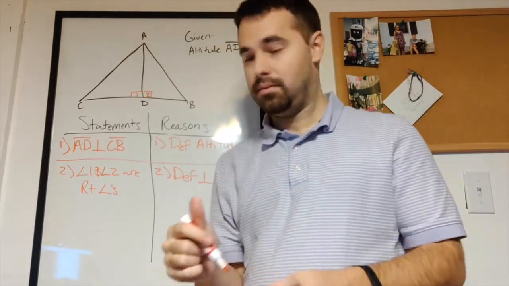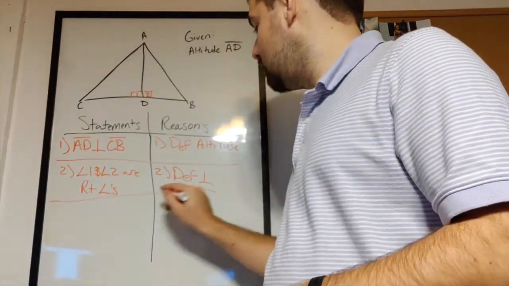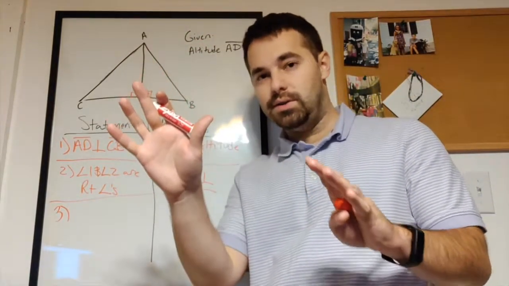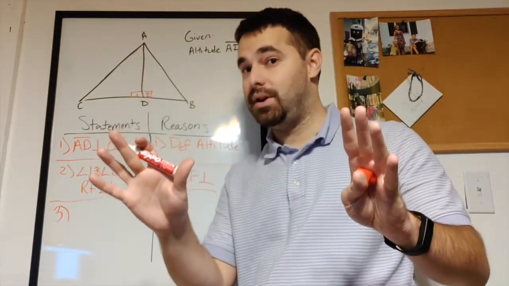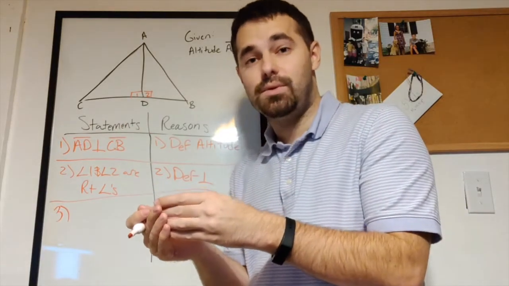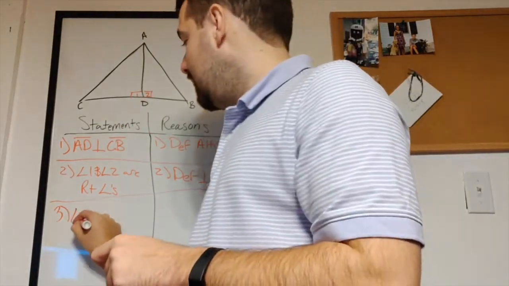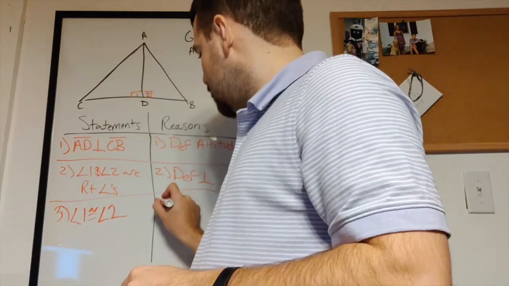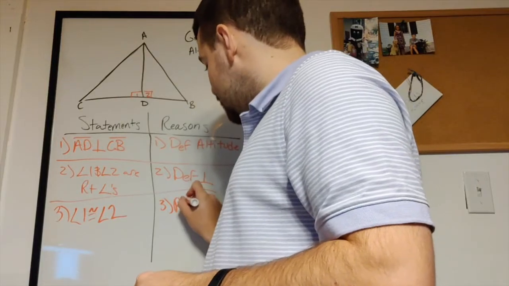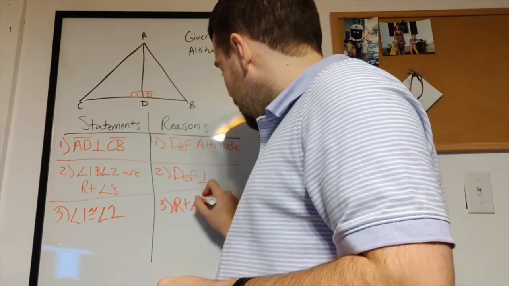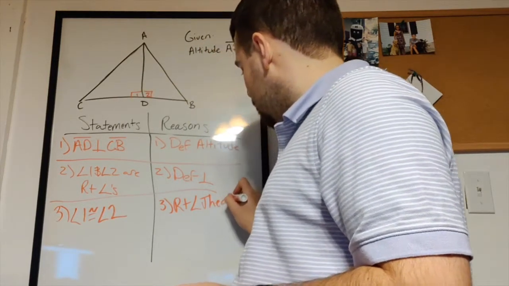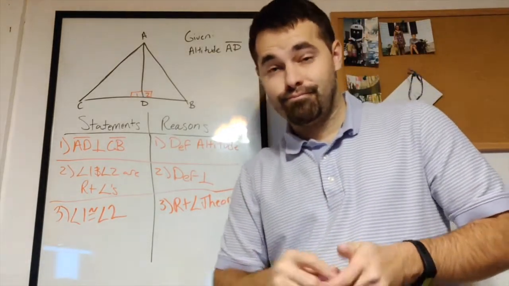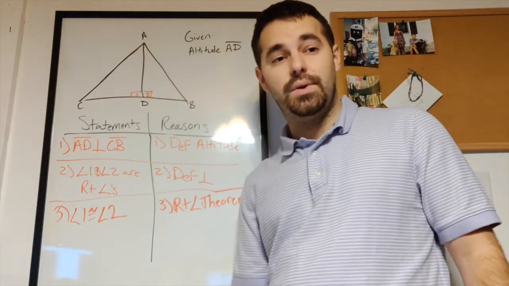One more step. As we talked about earlier, 90 degrees is the same thing as 90 degrees. So we can say that those two angles are congruent. Angle 1 is congruent to angle 2 in this third step by the right angle theorem. That's what there is to it.